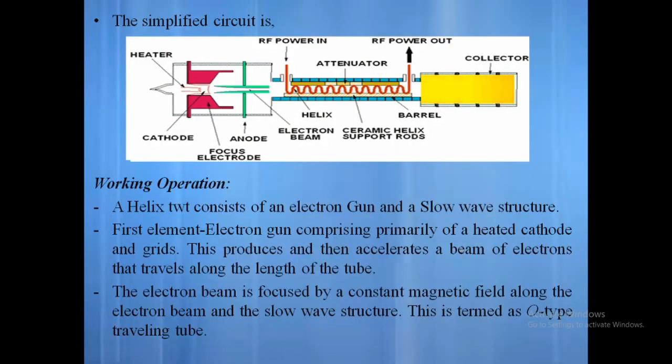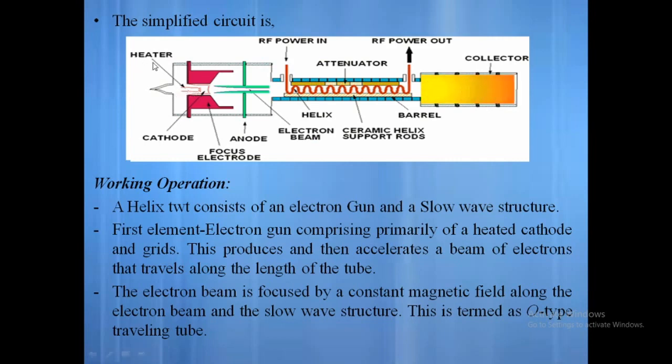Next, now let us see the working of the traveling wave tube. A helix traveling wave tube consists of an electron gun and a slow wave structure. Here the slow wave structure is nothing but the helical coil presented in the diagram, shown here as the helix. The first element, the electron gun, comprises primarily a heated cathode and grids.